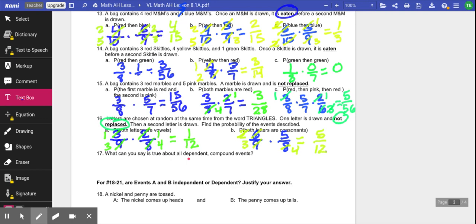What can you say is true about all dependent compound events? The first denominator, what happens, the not replaced, changes the second denominator.